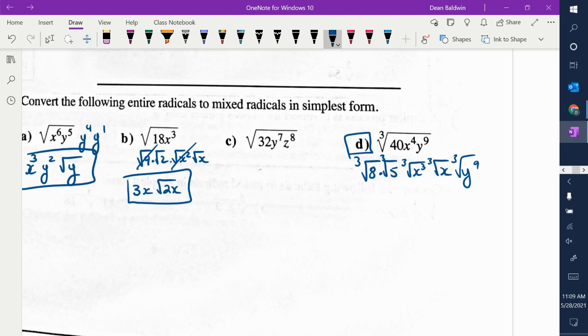Okay, now we just do each one. What's the cube root of 8? 2. Gone.